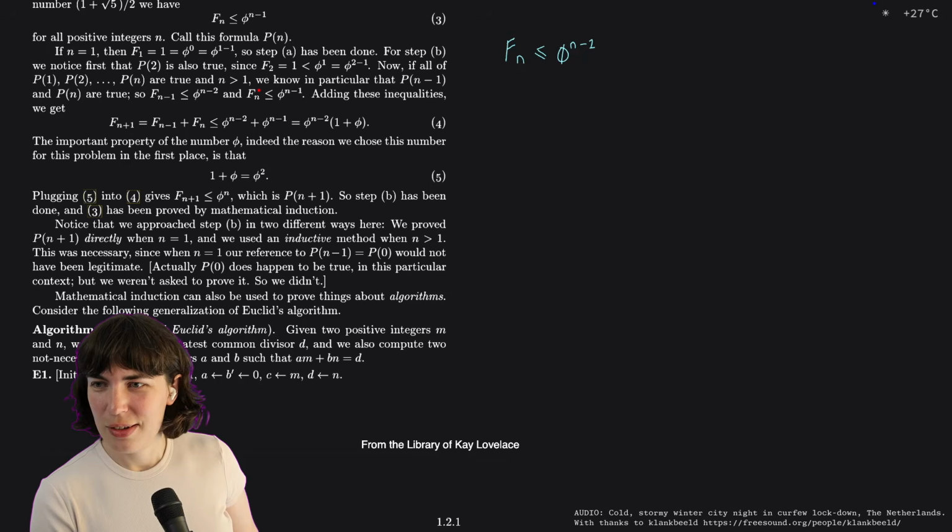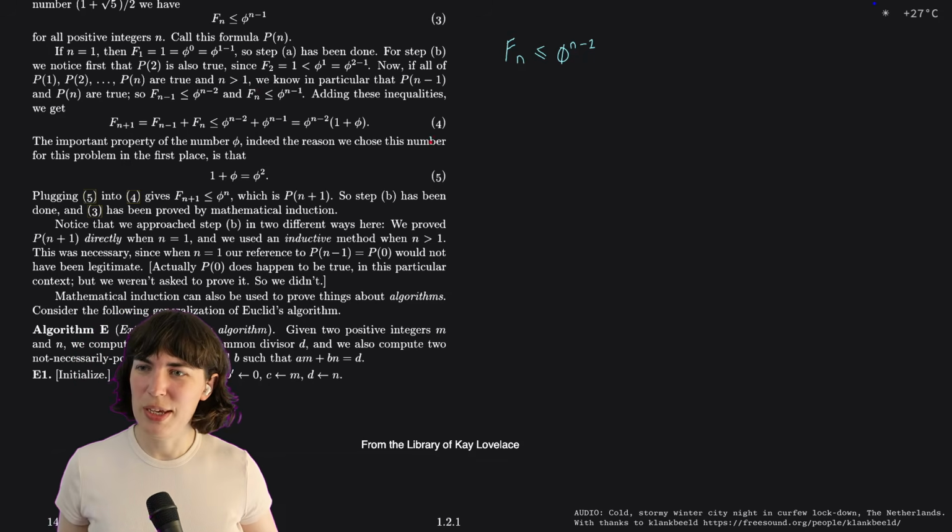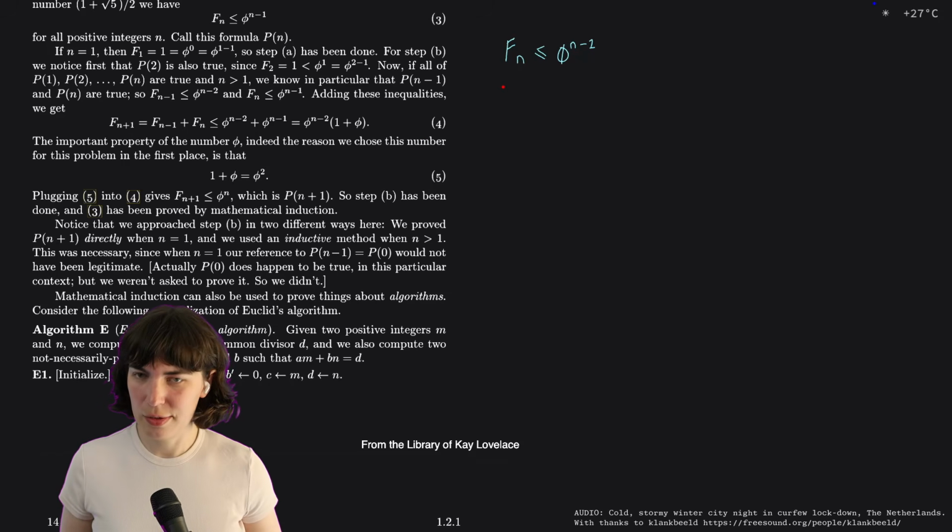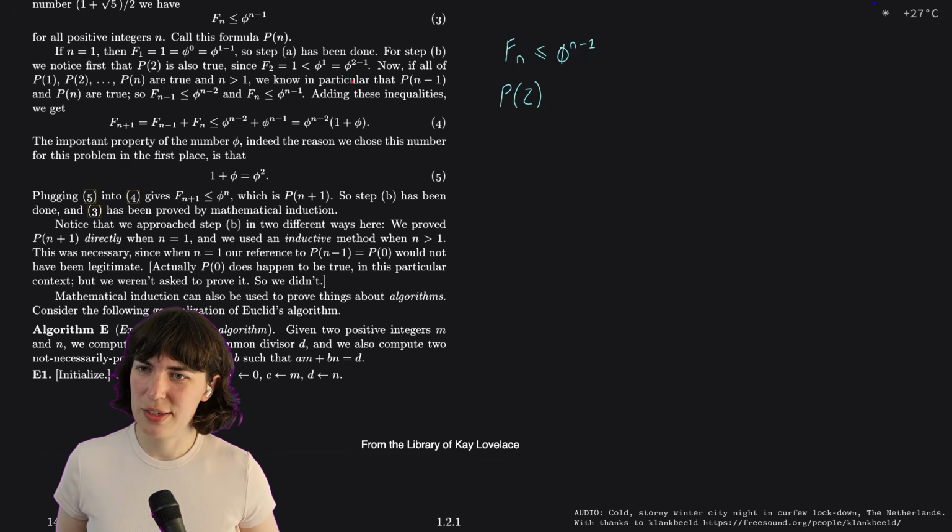Okay, so we've got the case in which n is 1. For step B, we notice that P2 is also true, since the second term is also 1, and that's going to be less than phi to the power 1, and phi to the power 1 kind of plugs in here again, because we've got this 2 here.